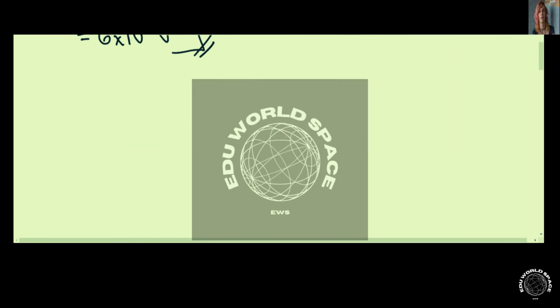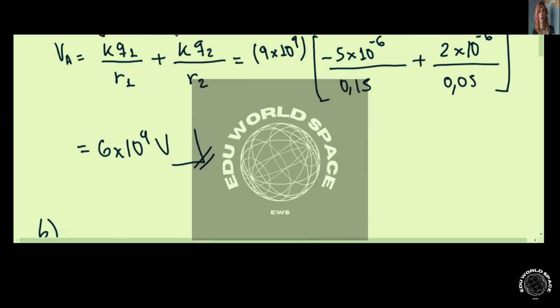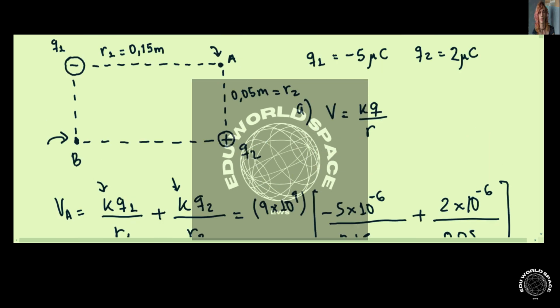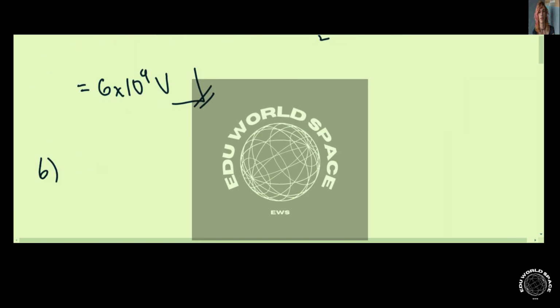For part B of this problem, we are asked something similar, but at point B. At this point, we can see that the charges are the same, but now we are 0.15 meters from the charge Q2 and 0.05 meters from charge Q1. So we need to change those distances.